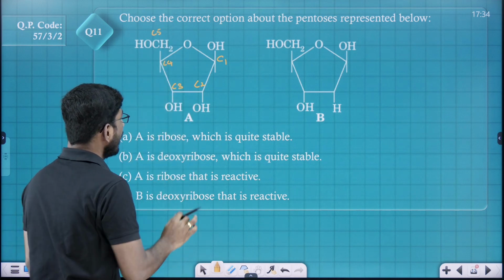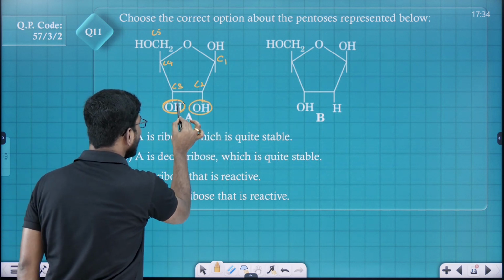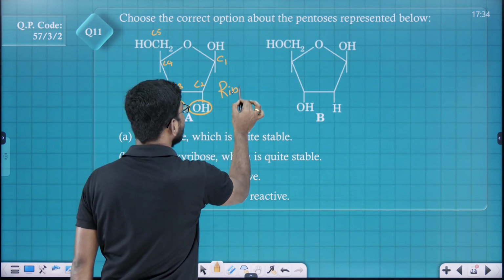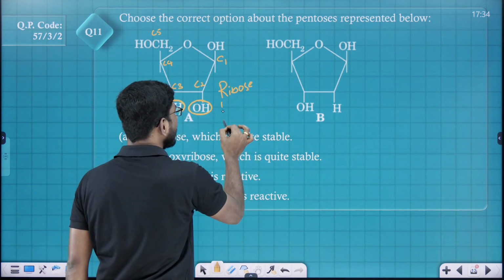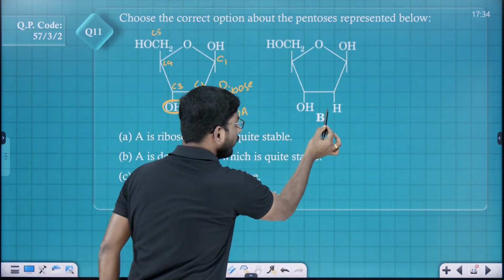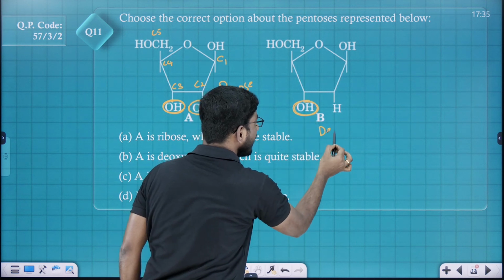Carbon number 2 and carbon number 3, OH groups are present. We call what? This is a ribose sugar. And this ribose sugar is present in where? RNA.